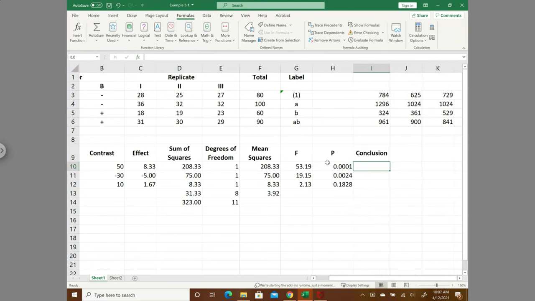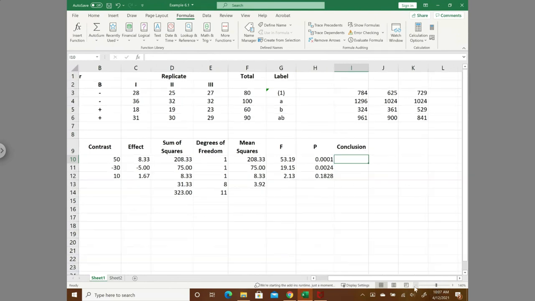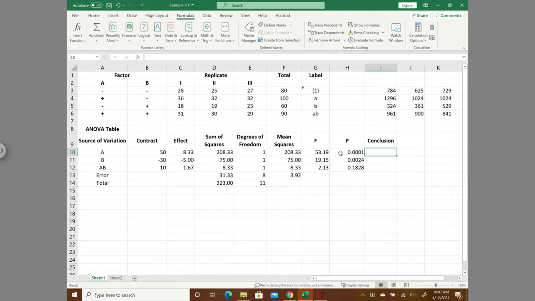If our p-value is less than the alpha value of 0.05, that means that factor is significant. So yes, the p-value here is less than 0.05. So the conclusion is factor A has a significant effect on the yield, the response variable. So factor A is significant.